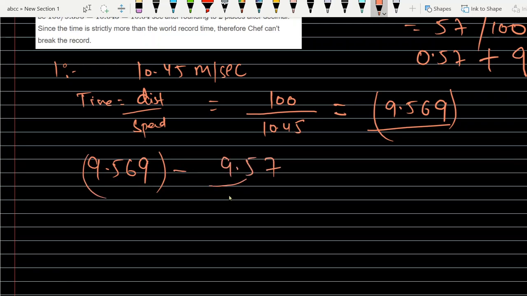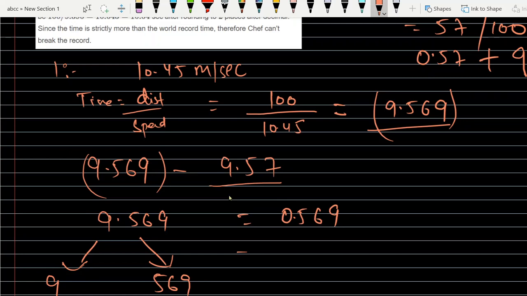How we are going to do this is, first we'll break this into two parts, one integer part and then the fraction part. The fraction part will be 0.569. I will consider only the 569. If we multiply it by 100 we'll get 56.9.